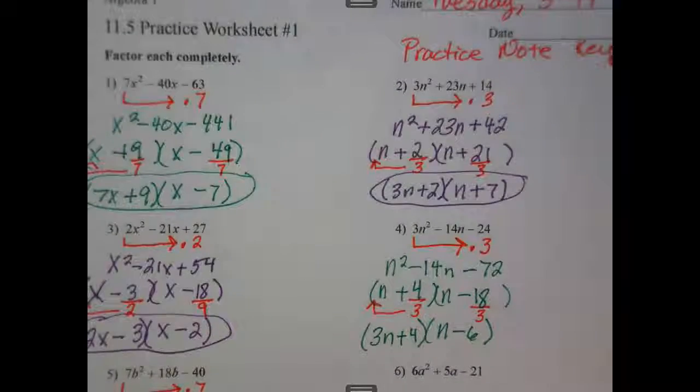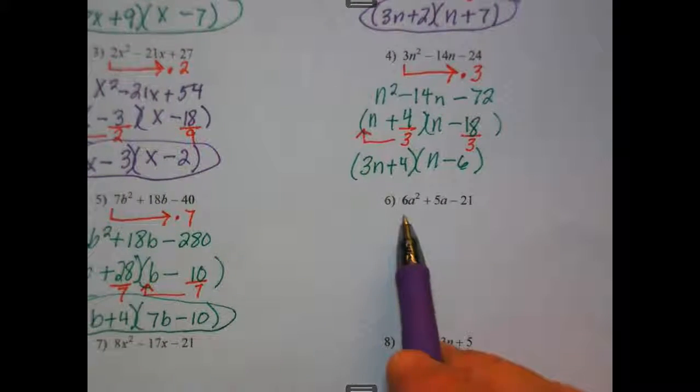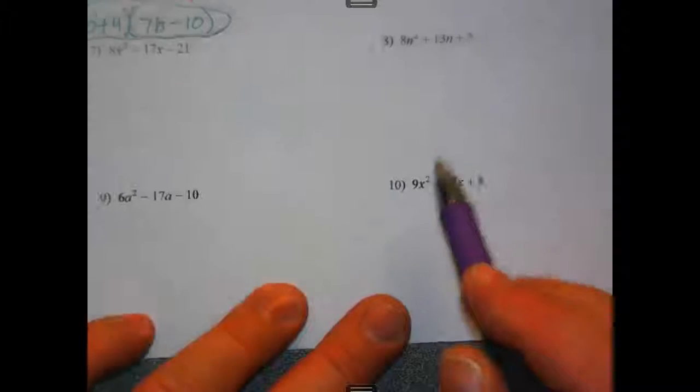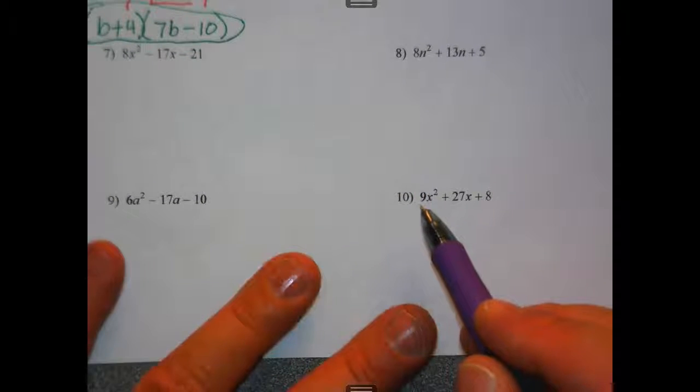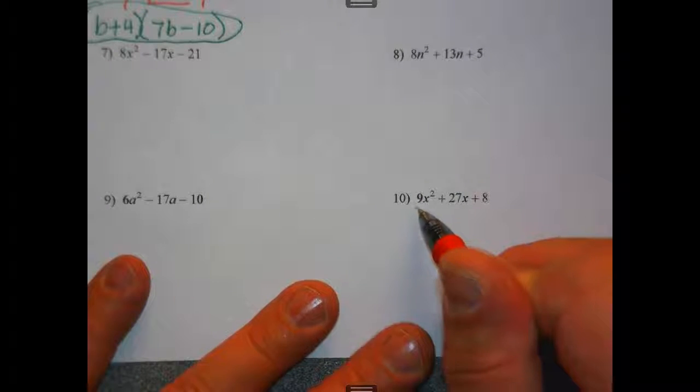Okay. So here our A is not 1. Let's do number 10. So my coefficient of x here, A is 9, it's not 1. So we use a slide and divide.